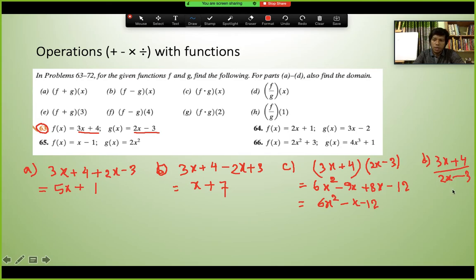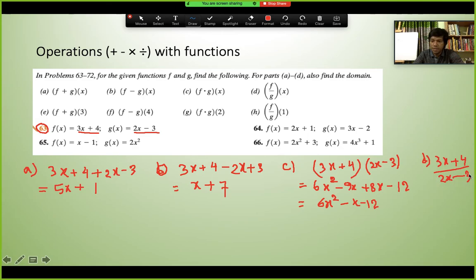Now you see here the domain is not all real numbers. Since we have some denominator, we have something down here. So we have to look for what value of x this function becomes undefined.